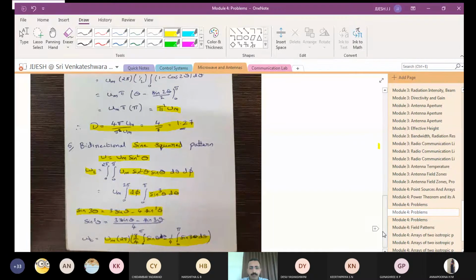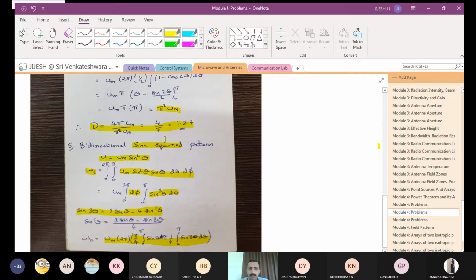So somebody would have completed by this time for the bidirectional sine square pattern. What is the answer for that? Bhumika, what is the answer you are getting for that?